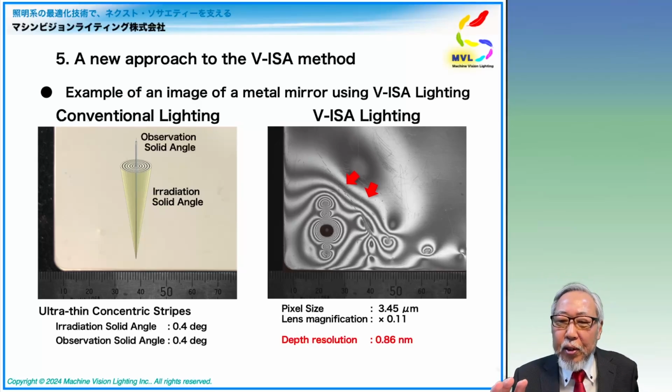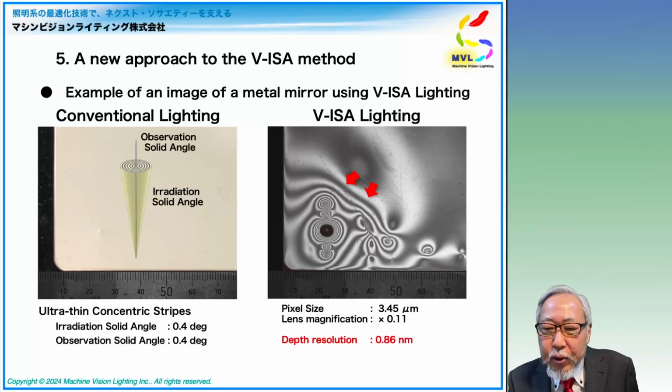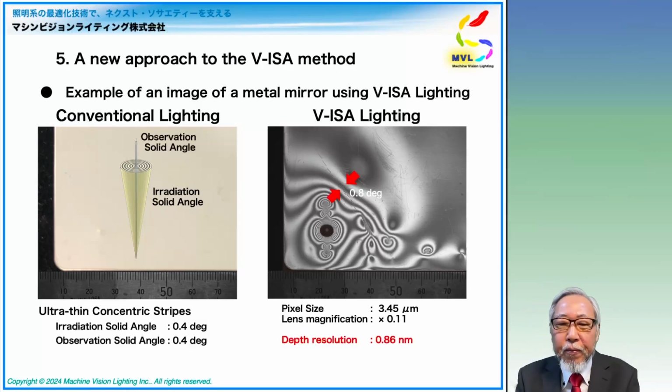This is a differential image. After all, they are not the same height. They have the same tilt. We can quantitatively image that adjacent areas of the same brightness have a difference in inclination of just 0.8 degrees.